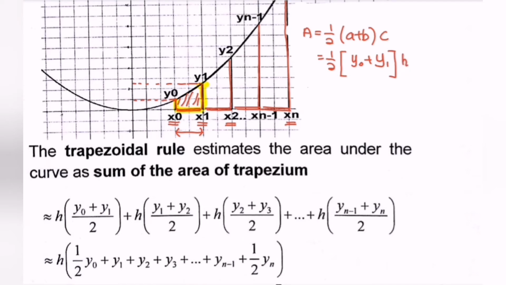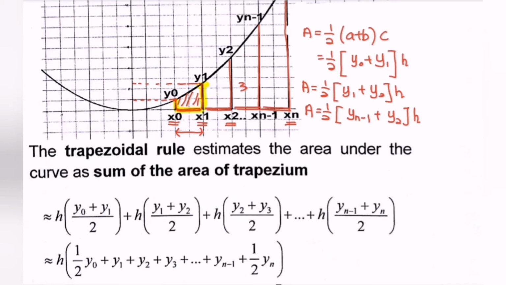For the second part, again we will have 1 over 2 bracket, where we will have y1 plus y2 multiplied by h. For the third part, again repeat the situation, 1 over 2 bracket, multiplied by y(n-1) plus yn multiplied by h, and keep on doing this.